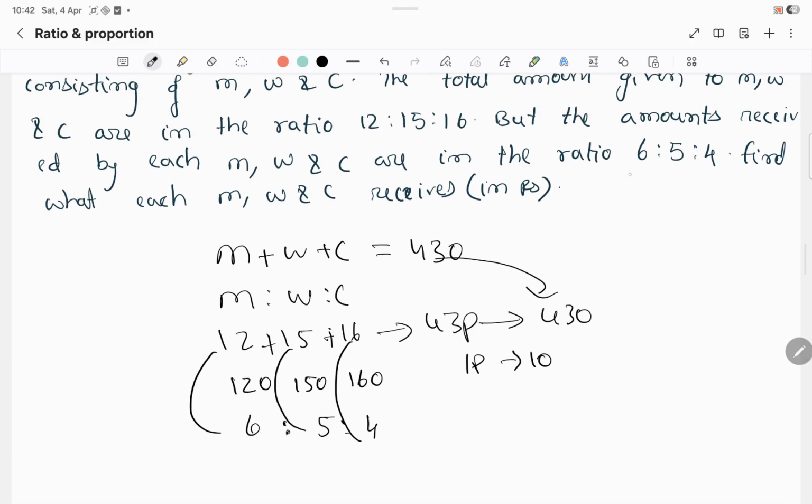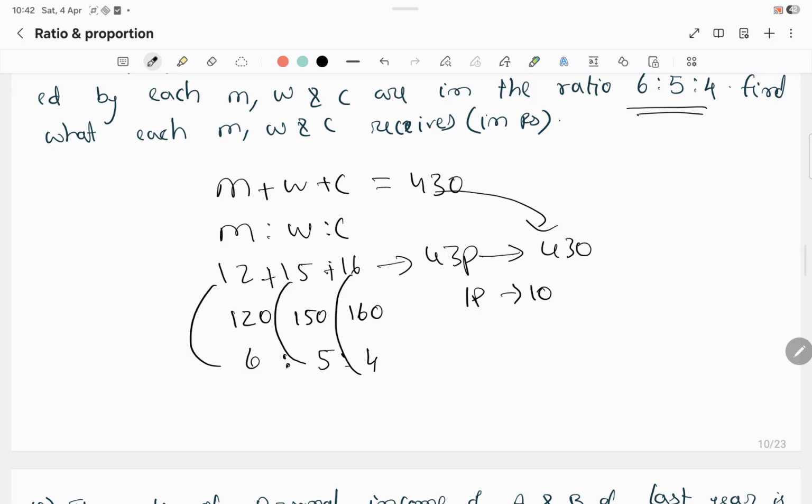This is the amount they are getting each individually. So now 12 by 6 is 2 parts, 15 by 5 is 3 parts, 16 by 4 is 4 parts. 2:3:4.